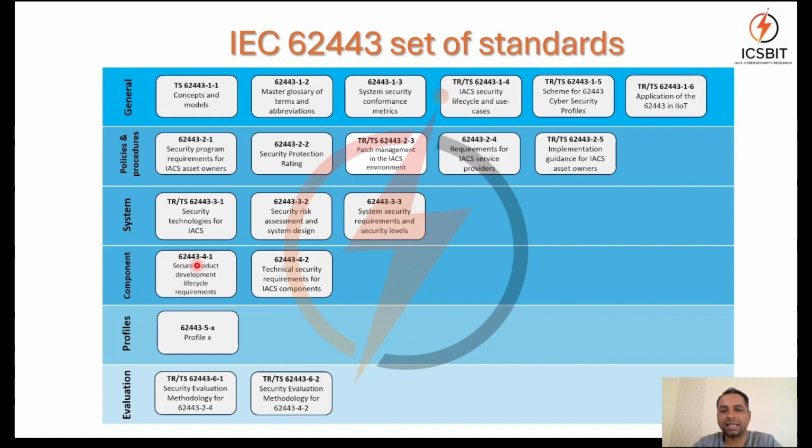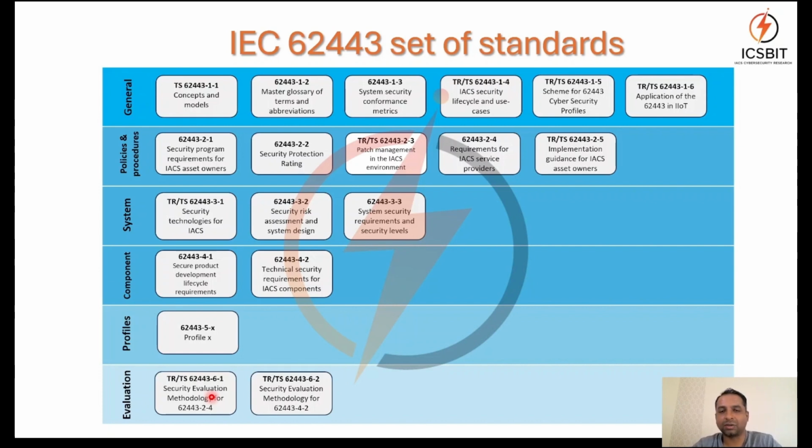Now some of the standards are released, some of the standards are not released. For example, in the evaluation slab, that is the last slab, you can check 6-1. When I say 6-1, I mean 62443-6-1. So in short, we just name the last two digits in that standard name. So 6-1 means security evaluation methodology of 2-4, and 6-2 is for 4-2. 2-4 is for your service provider evaluation, where they can also get certified.